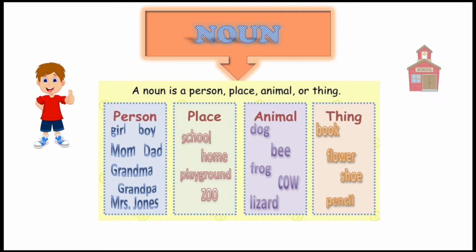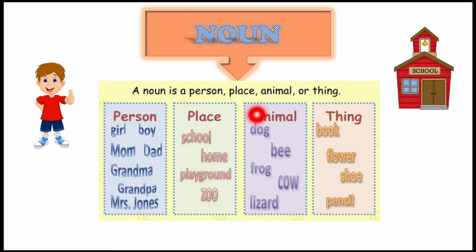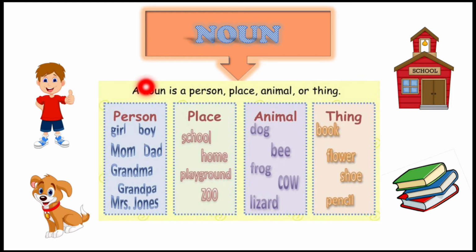Noun. So place. Now it comes the animal. Animal जैसे dog, bees, frog, cow, lizard, जितनी भी animals हैं, insects हैं, that comes under this. So these are the animals. Now it comes the things, जैसे कि book, flower, shoe, pencil, जितनी भी चीज़ें आप आपके जो आसपास देखते हो, that comes under this thing.